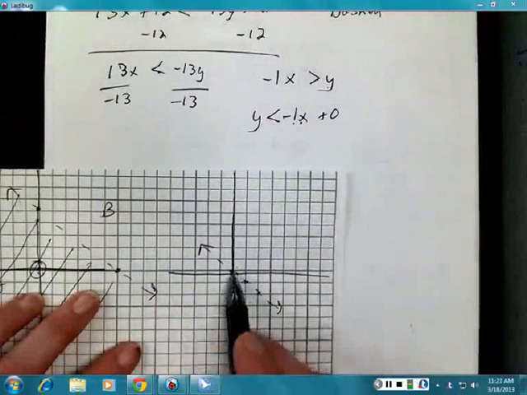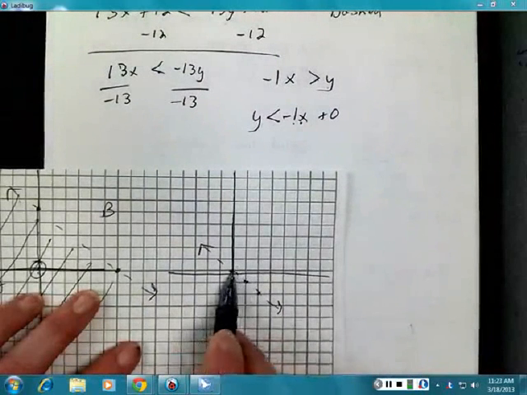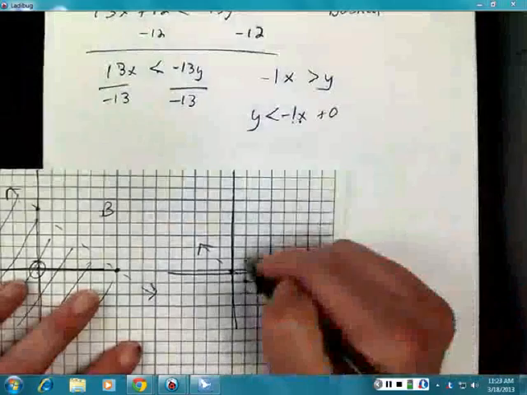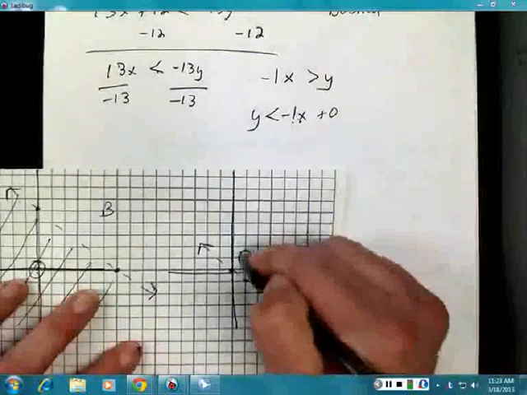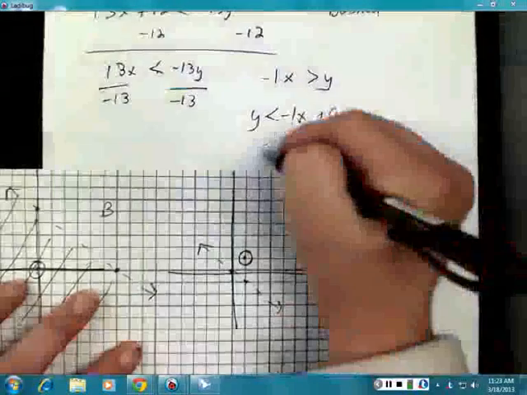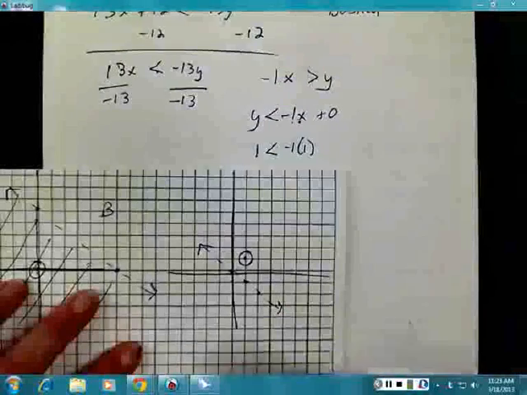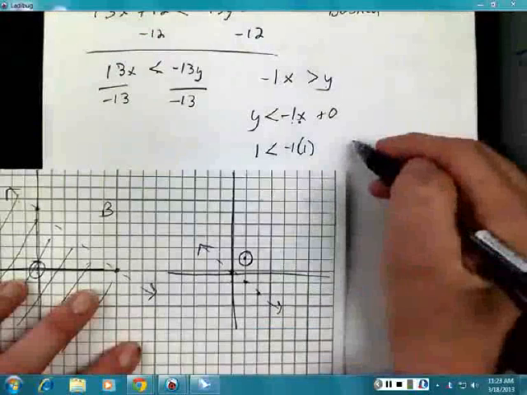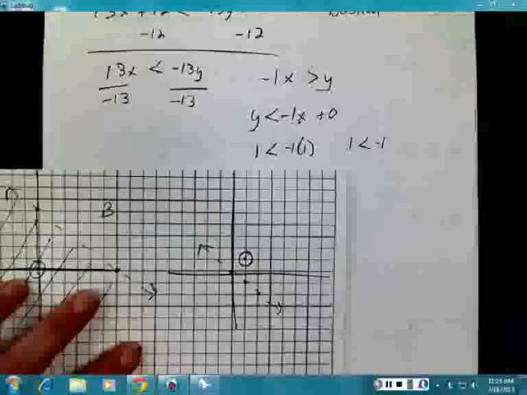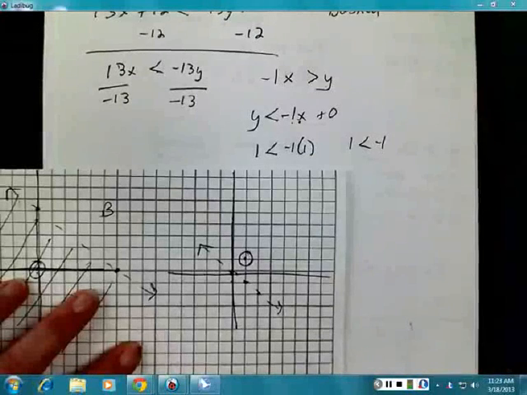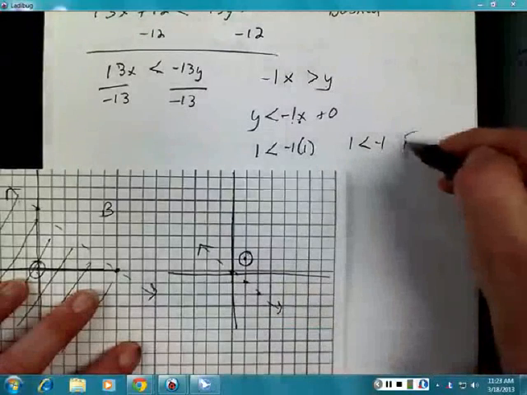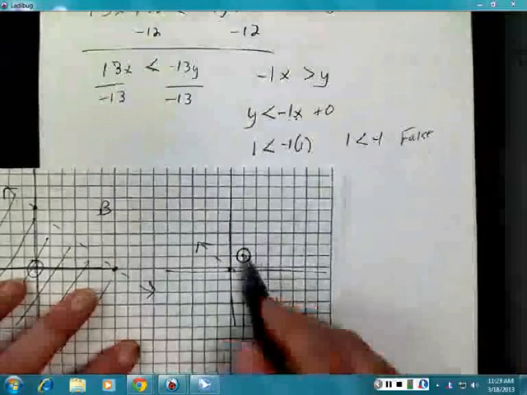So can I use my same test point? I can't, because (0, 0) is on my line. So I need to find another test point. The next easiest one to use is (1, 1). So is 1 less than negative 1 times 1? So is 1 less than negative 1? True or false? False.